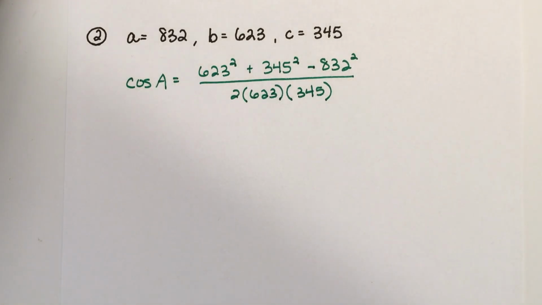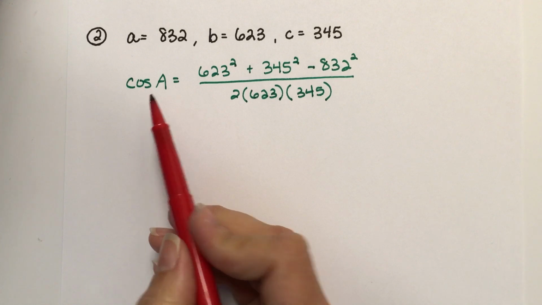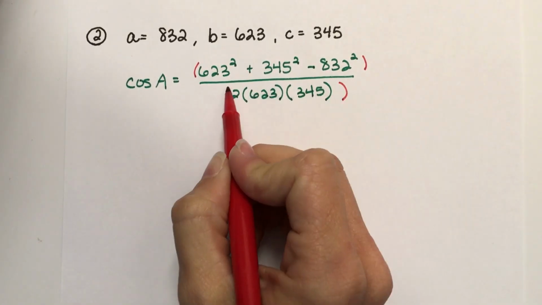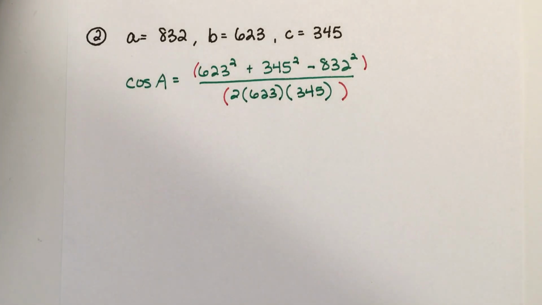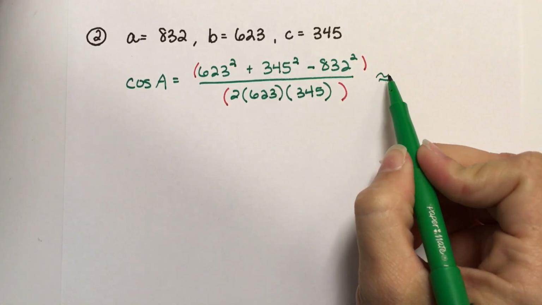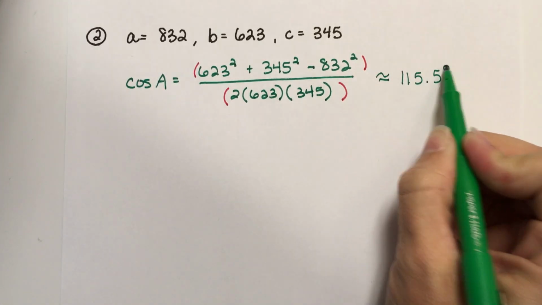Okay. Now again, putting this in your calculator, you've got to start off with second cosine, and then you've got to make sure that you have a set of parentheses around your numerator and a set of parentheses around your denominator, and put that in and make sure that you can do it correctly, and you should get 115.5.